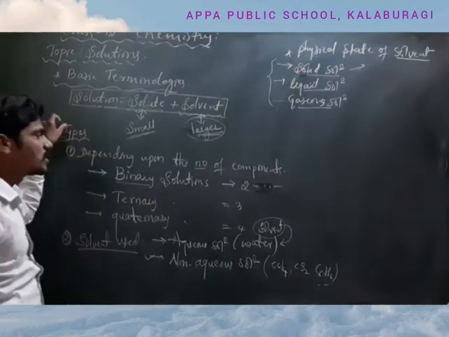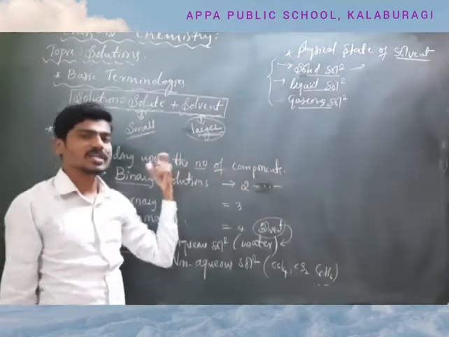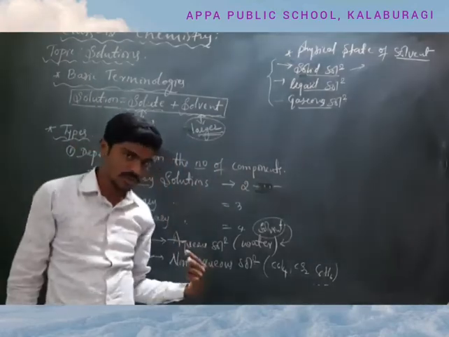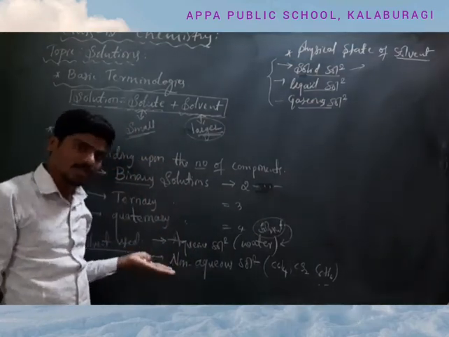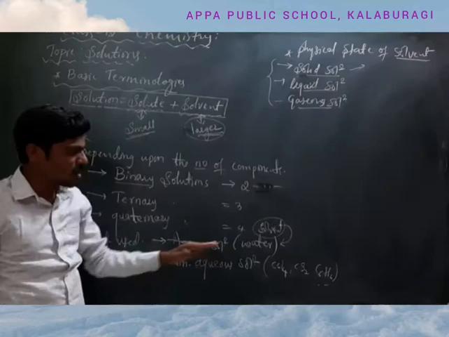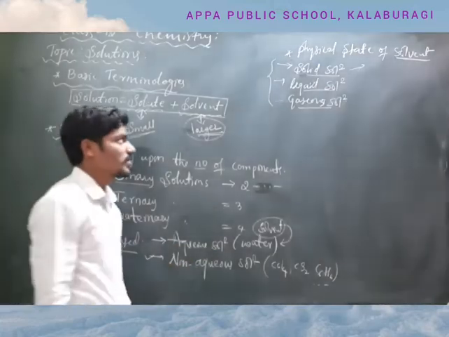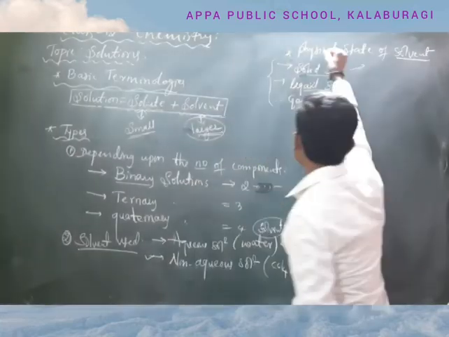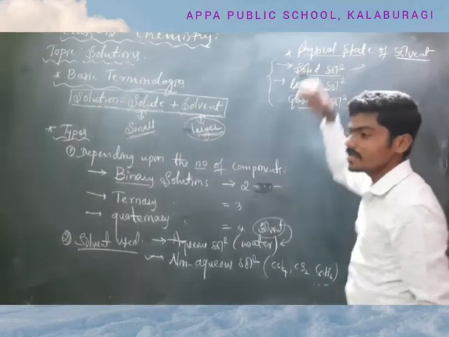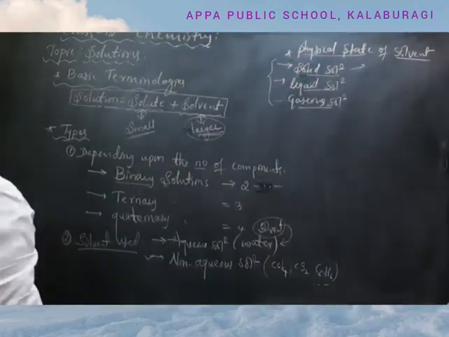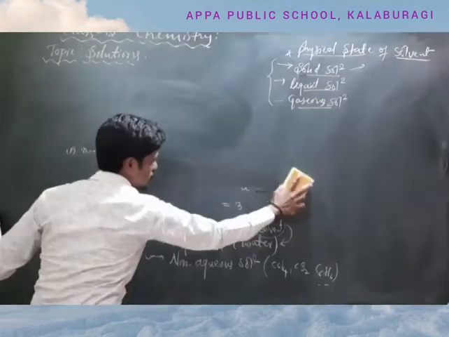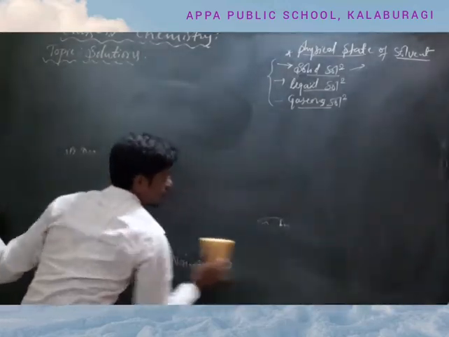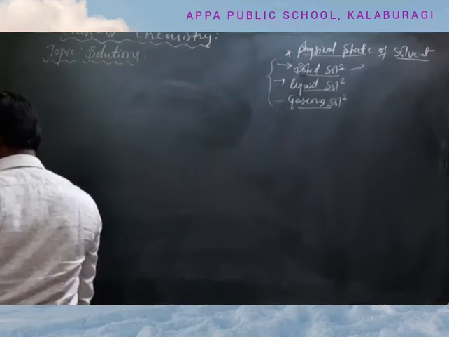Depending upon the number of components, it is classified into binary, ternary, quaternary. Depending upon the solvent used, if water is the solvent, it is termed aqueous; if other than water, it is called non-aqueous solution. And based upon the physical state, it is of three types: solid solution, liquid solution, gaseous solution.